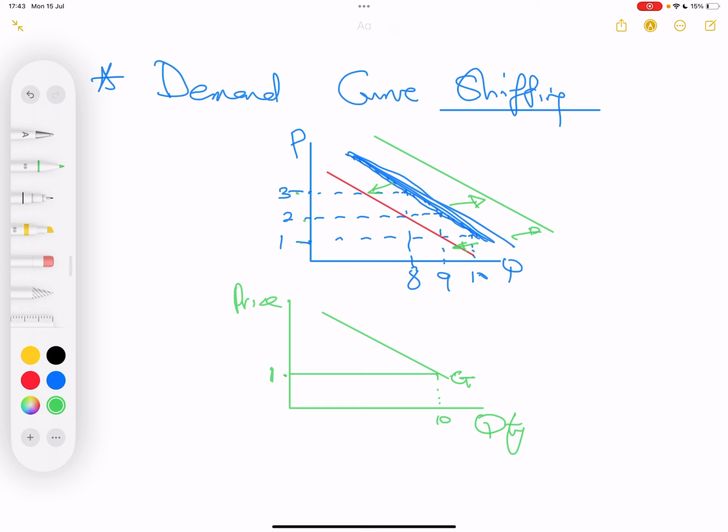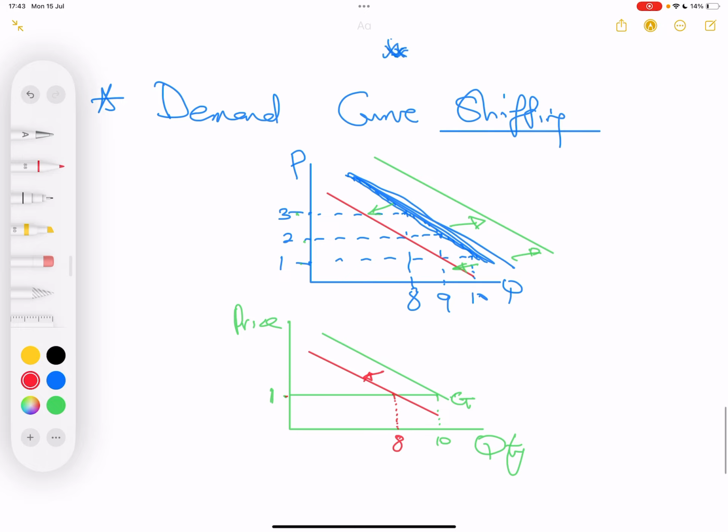In that case, I'm going to have a different demand curve. And you can see if at price 1, the quantity demand is now like 8. So this is a shift in demand curve, because anything that is causing your demand to change and that is not price will lead to change in demand curve.